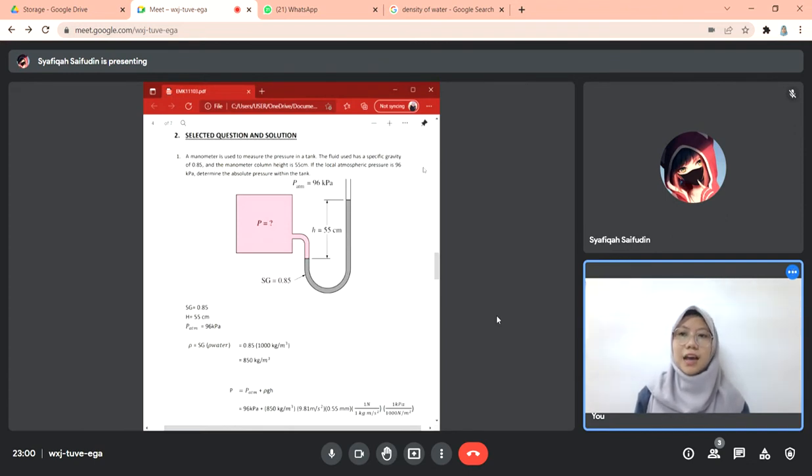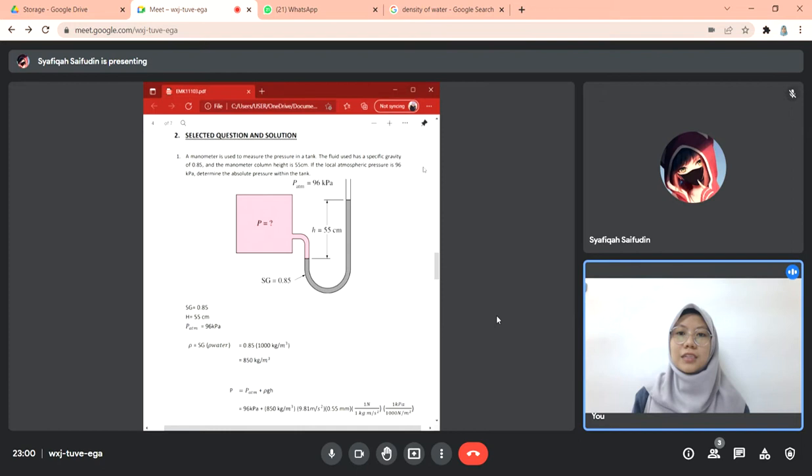Okay, first the question is a manometer used to measure a pressure in a tank. The fluid used has a specific gravity of 0.85 and the manometer column height is 55 centimeter.